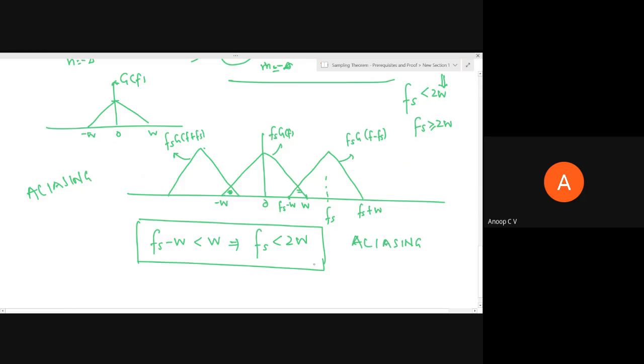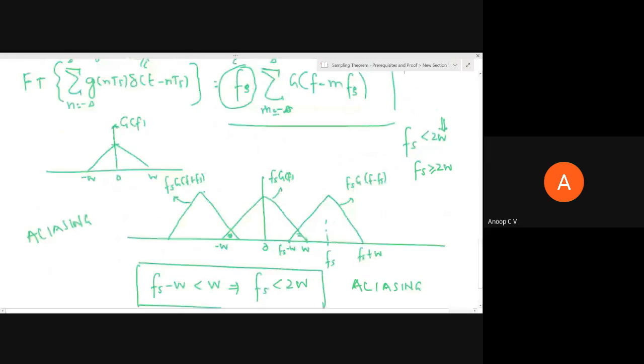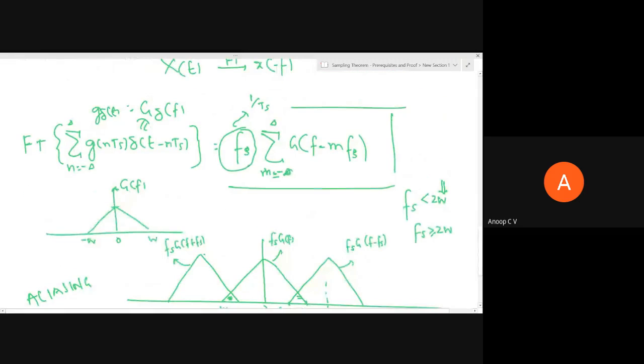So what is the big deal about this? What if they overlap? For that you should know how we'll be recovering or reconstructing the original message signal from these samples. For instance, consider this infinite sum, fs times the sum over m from minus infinity to infinity of G(f minus m fs).